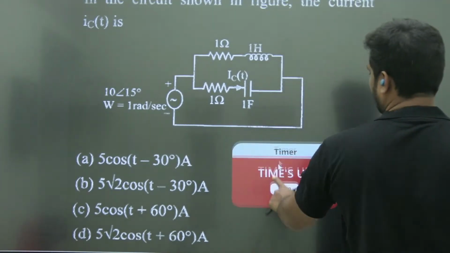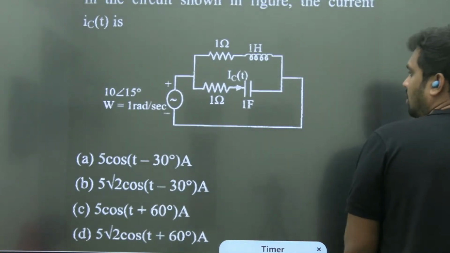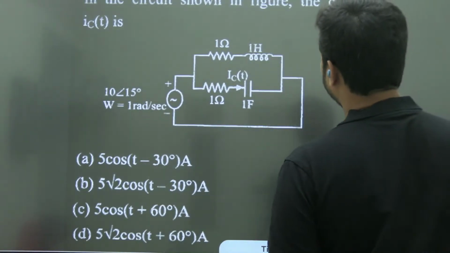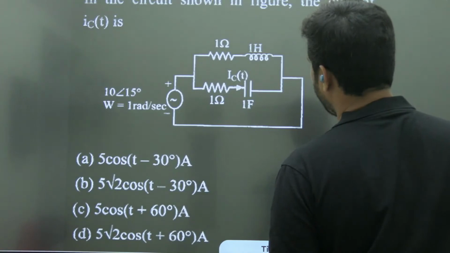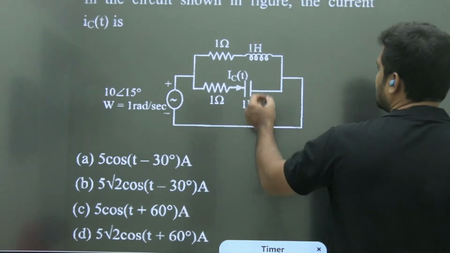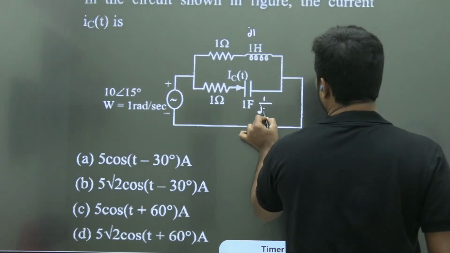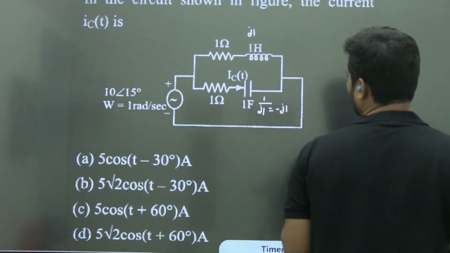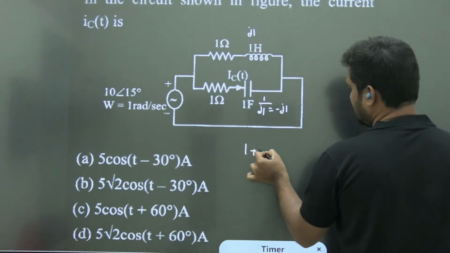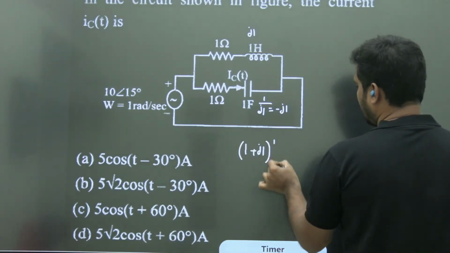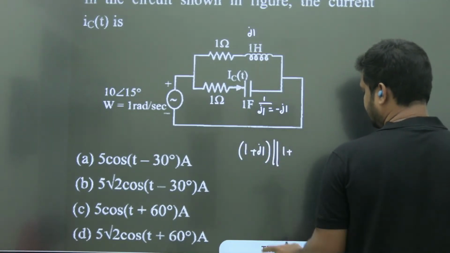Okay, let's do it. Omega equal to 1 radian per second. Inductance is j1. Capacitance is 1 by j1, minus j. So you have 1 plus j parallel with 1 minus j.